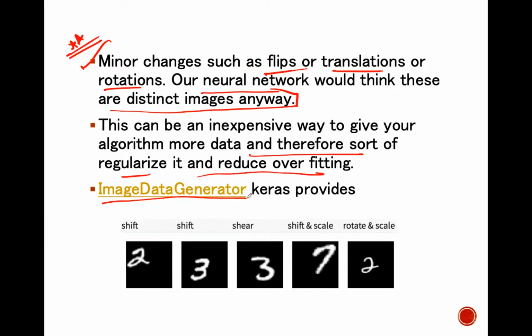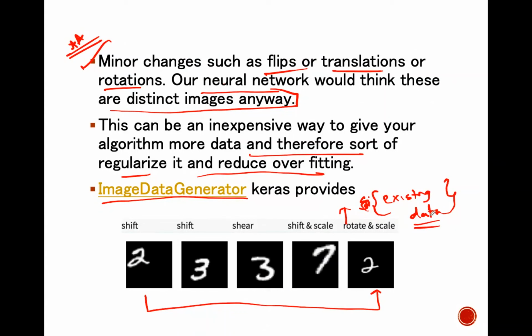Image data generators have options like shift, shear, scale, and rotate. This is how I am generating data from the existing data. We are adding to the new data.